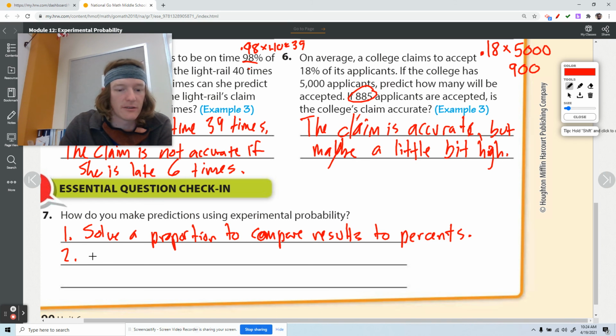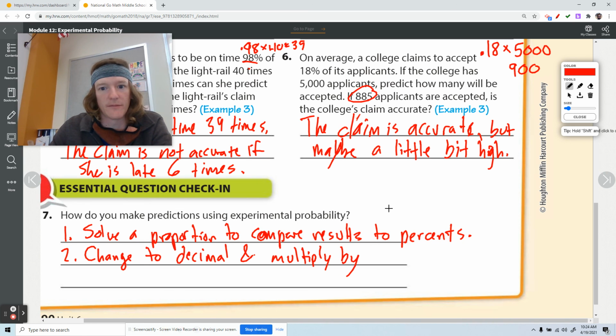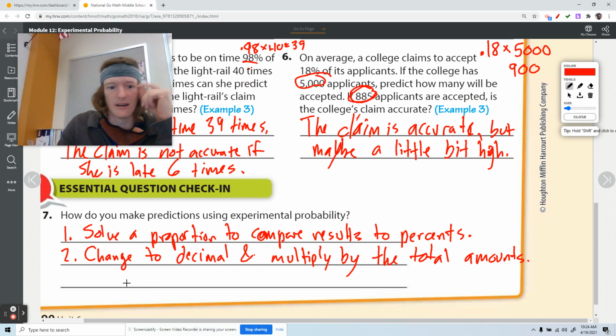Number 2, we could also change to a decimal and multiply by the total amount, in this case 5,000, to make a prediction.